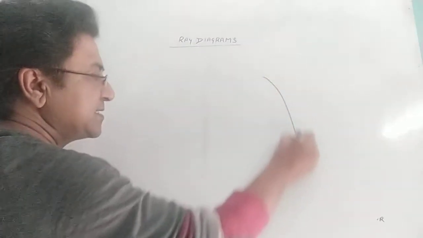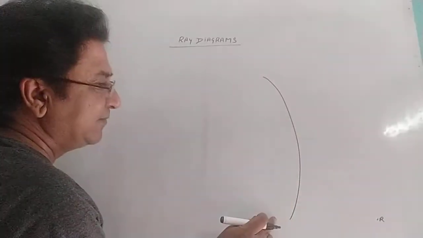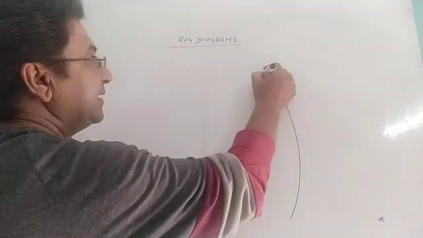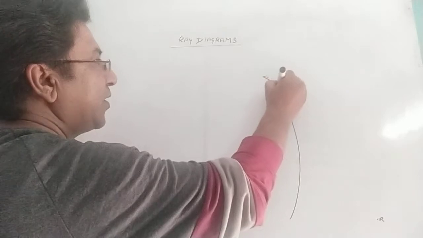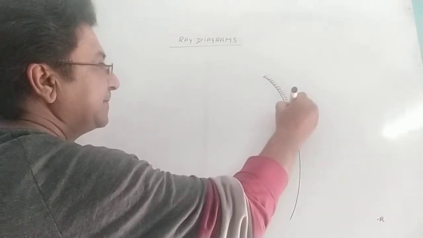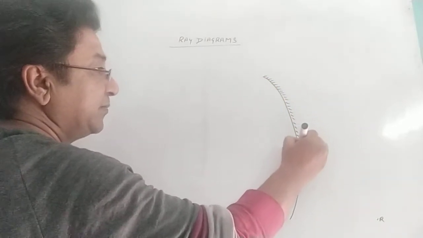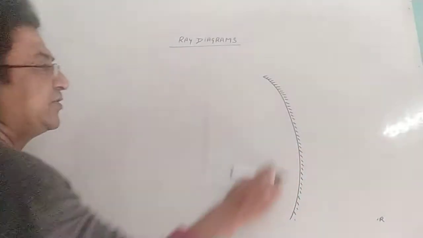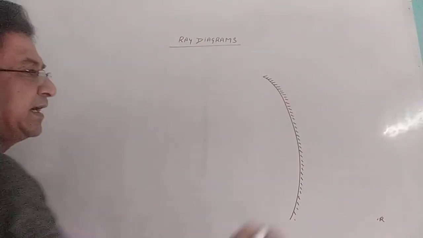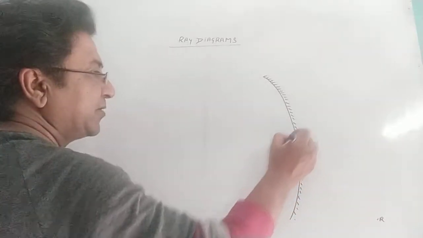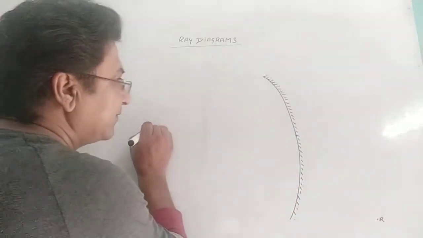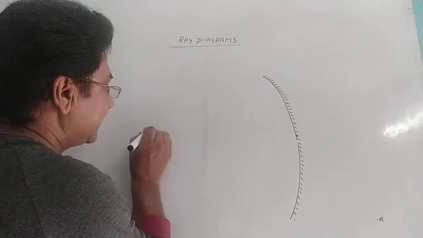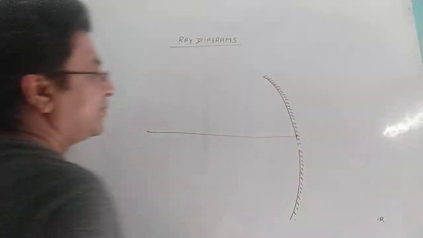So first, with the help of a D with proper measurements, draw a concave mirror. Especially the concave mirror should be drawn with the D with measurement. Find the perfect center, and with the scale draw a principal axis.